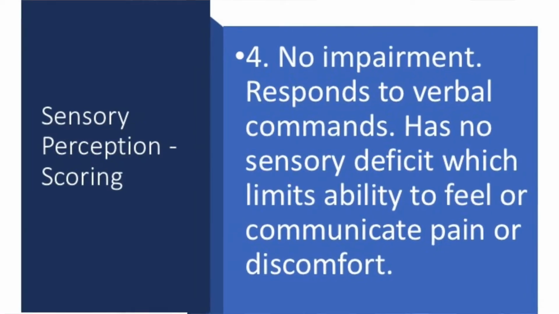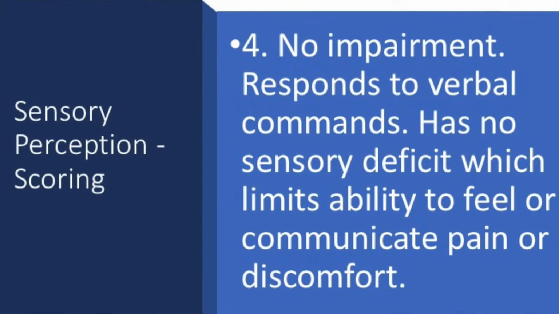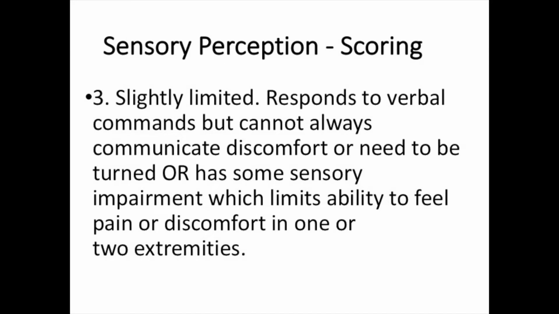But when he drops to slightly limited? Based on the Braden guideline, he responds to verbal commands but does not always communicate discomfort, or the need to be turned, and he has some sensory impairment which limits the ability to feel pain or discomfort in one or two of his extremities.